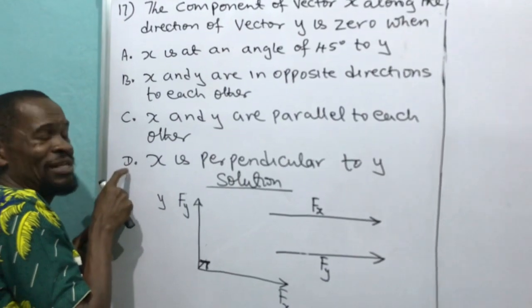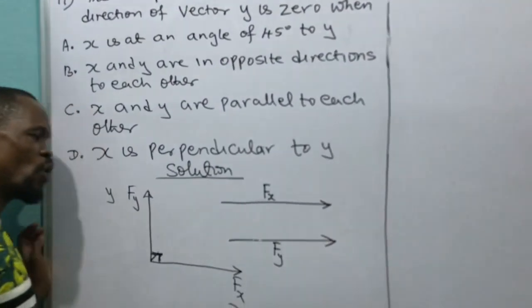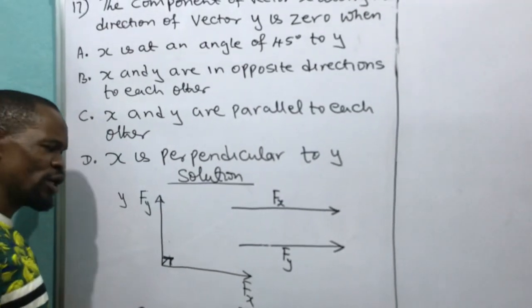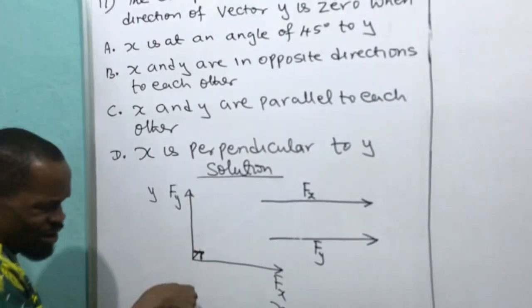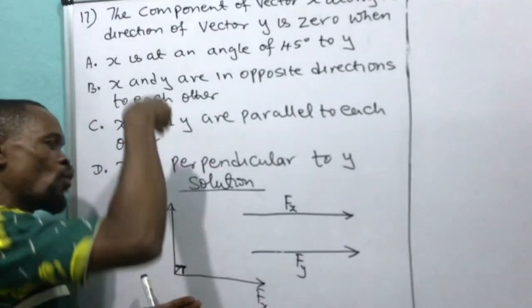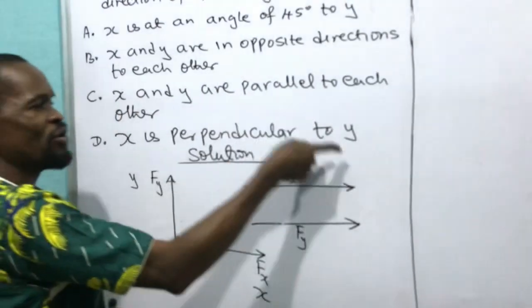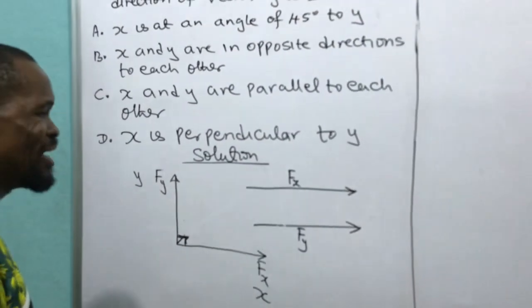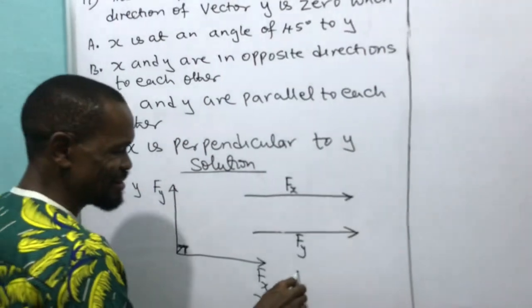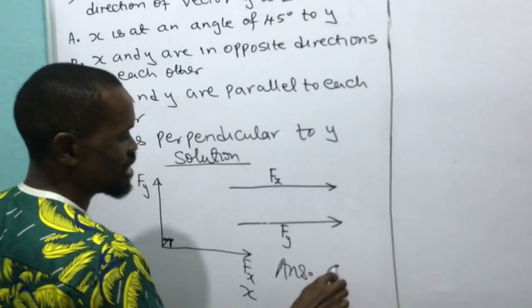D would have come nearer to the answer because they said X is perpendicular to Y. No. What is perpendicular to each other is Y is perpendicular to X. For this to not have a component, Y is perpendicular to X, not X perpendicular to Y. So our answer is option C. Option C is our answer.